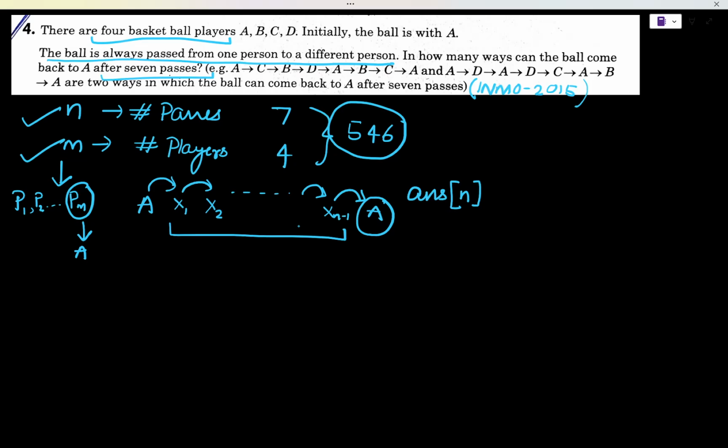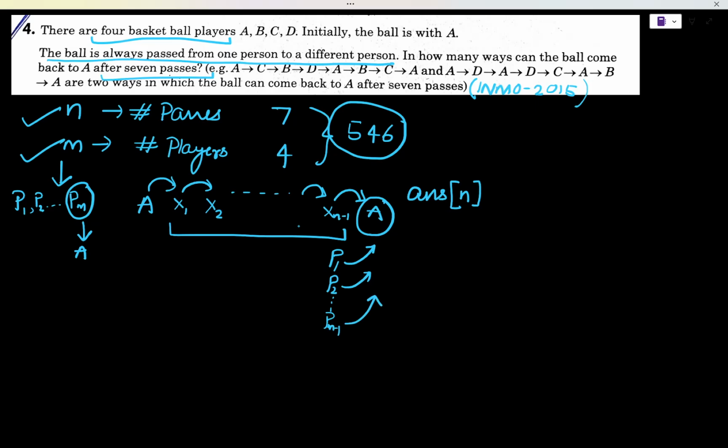Now, the number of ways A can receive the ball after n passes is the same as the number of ways P1 to Pm minus 1 can receive the ball after n minus 1 passes, because A can receive the ball from P1 or from P2 or from P3 all the way up to Pm minus 1.